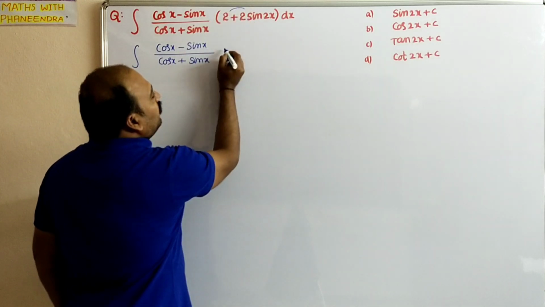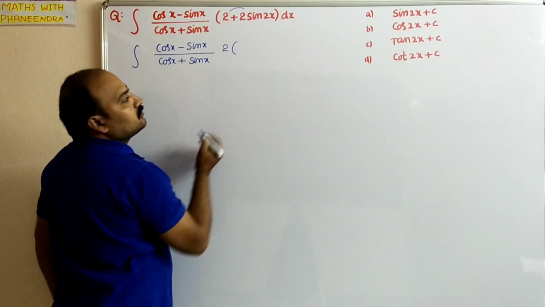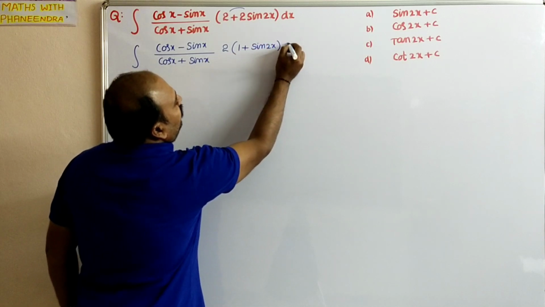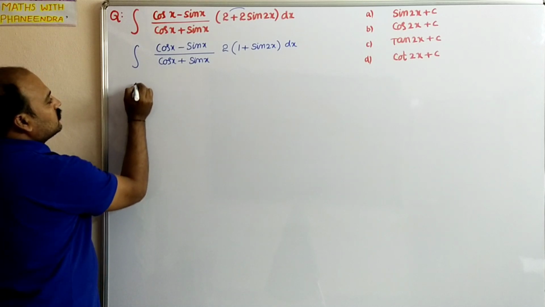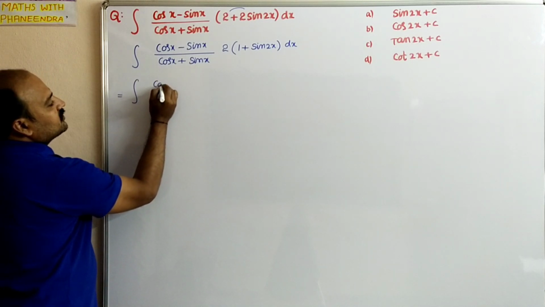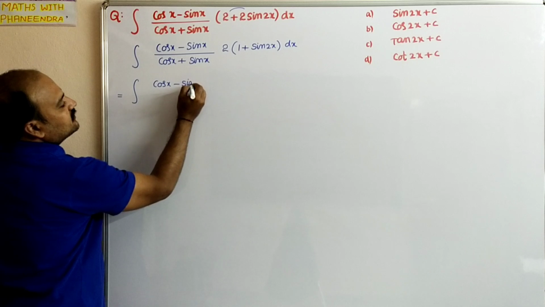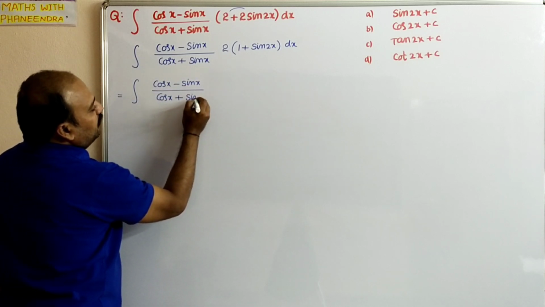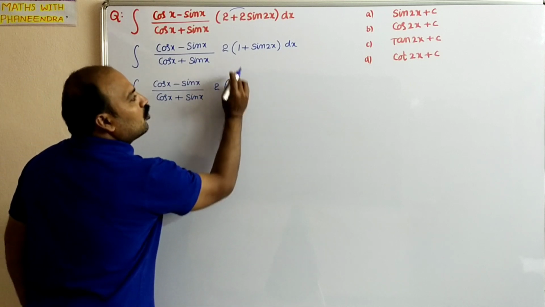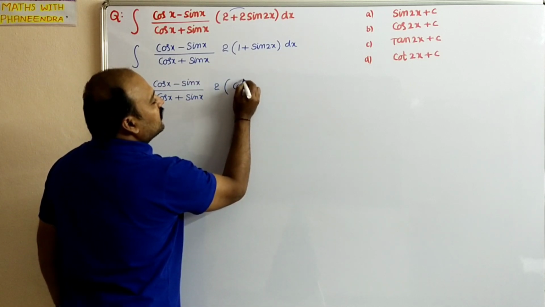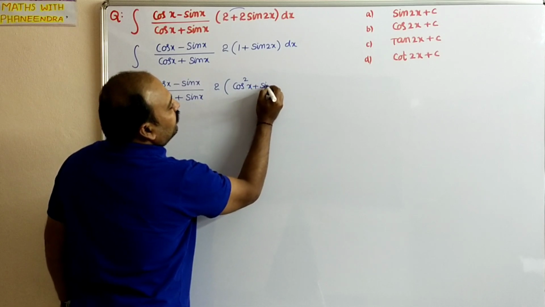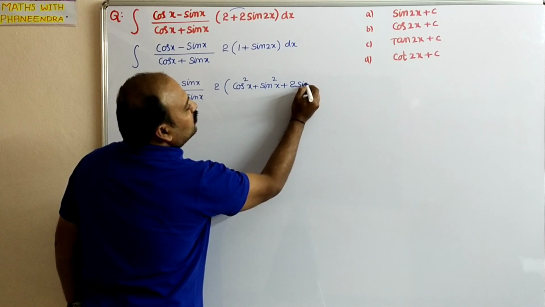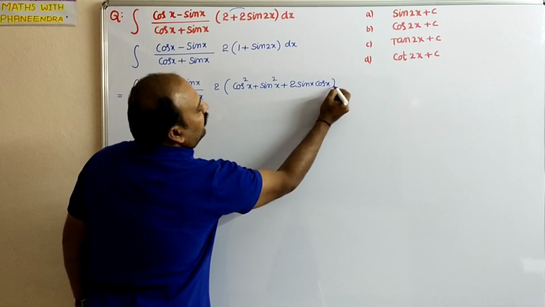From these two take 2 common, 1 plus sin 2x into dx. So 2 into 1 can be written as cos square x plus sin square x, plus sin 2x can be written as 2 sin x into cos x into dx.